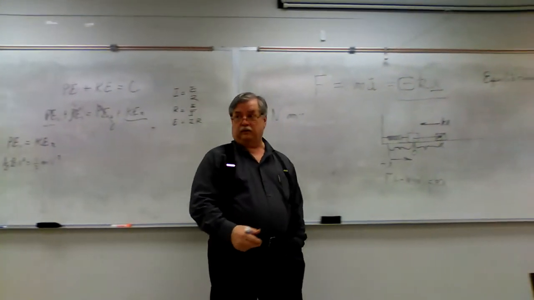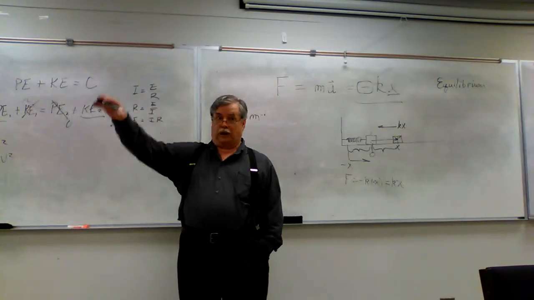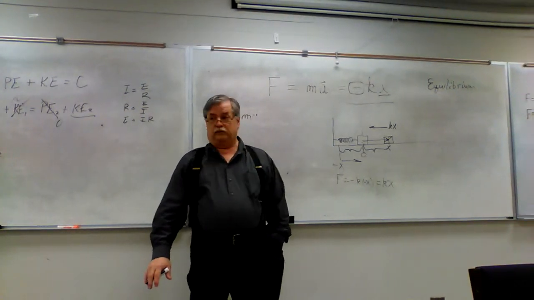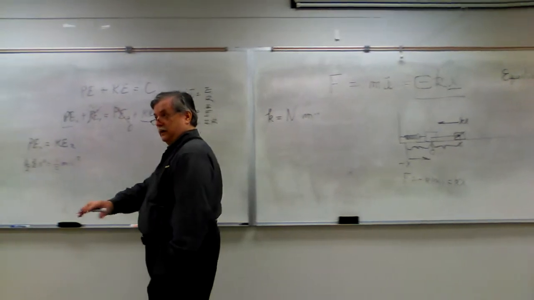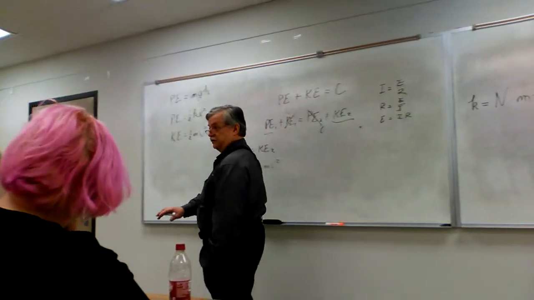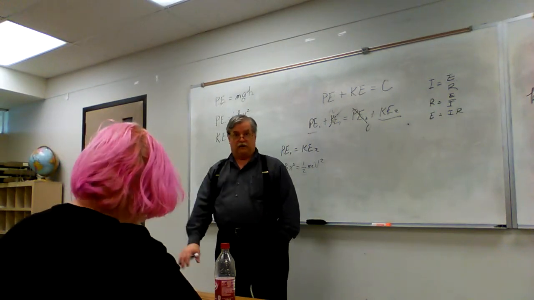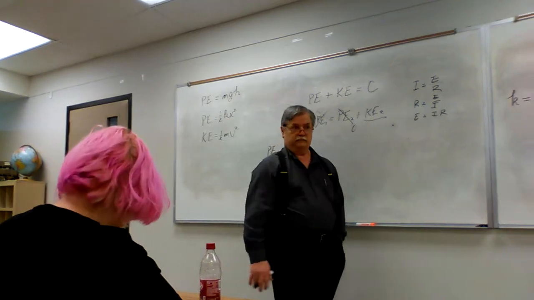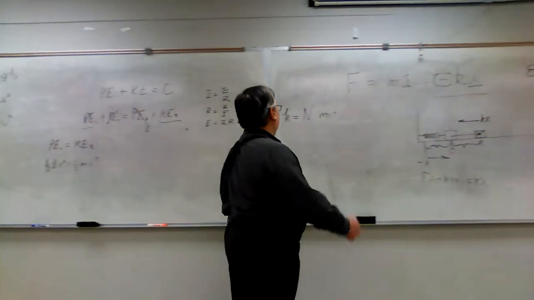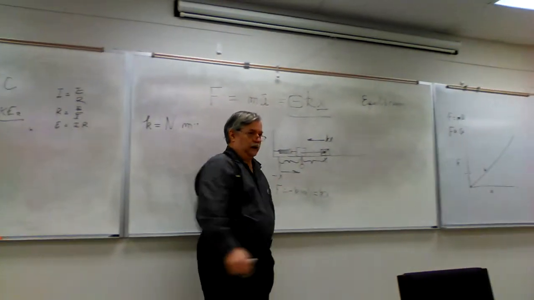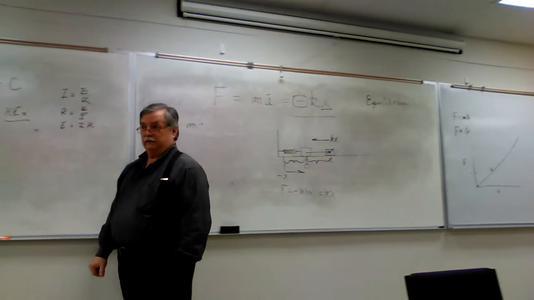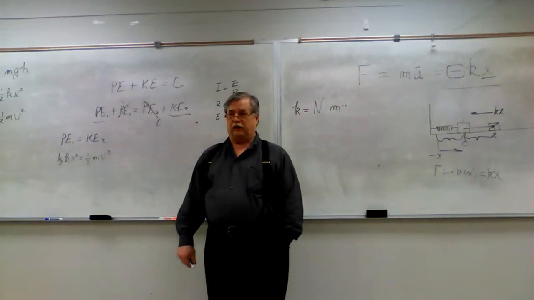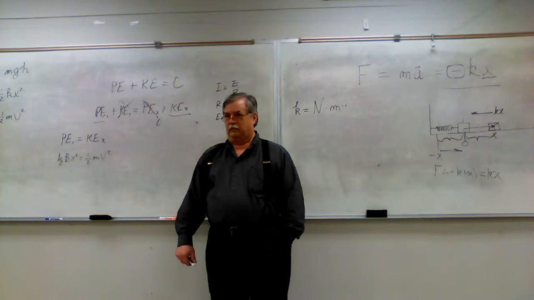Unlike in a gravity field, where if you go below the zero altitude, or whatever level of height you define as your zero point, you can go to a negative potential energy. You can never go to a negative potential energy with a spring. Well, not without deforming it.